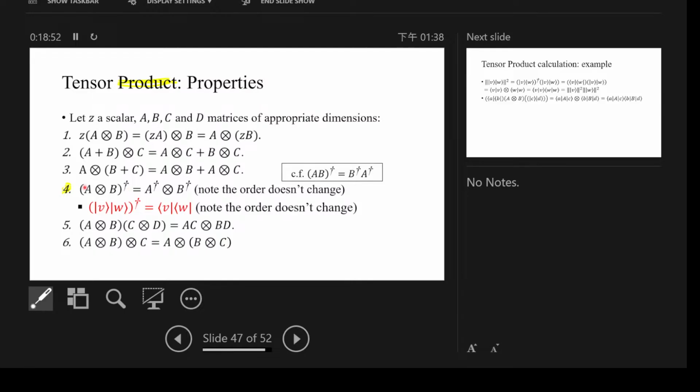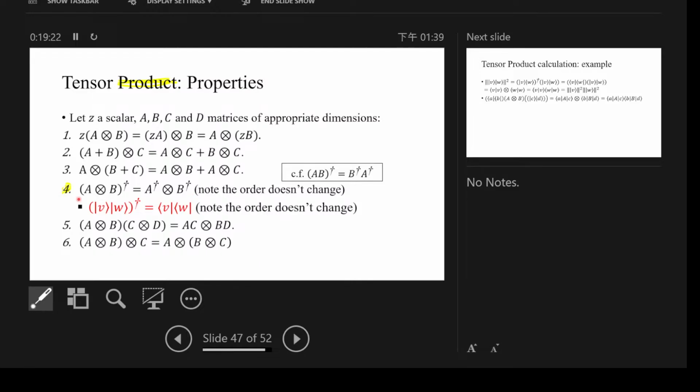If you have A tensor B and apply the dagger operation, which is conjugate transpose, then this is actually equal to A dagger tensor B dagger, and you need to remember that the order of the tensor product doesn't change here. It is A in the first slot, B in the second slot, then it's still A dagger in the first slot and B dagger in the second slot.